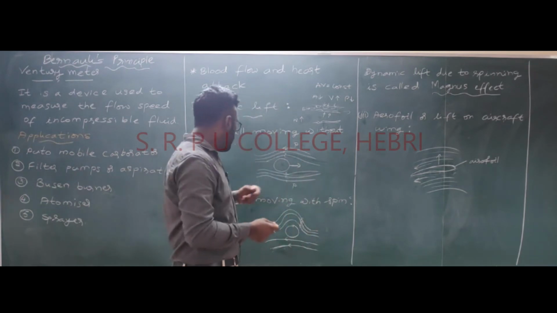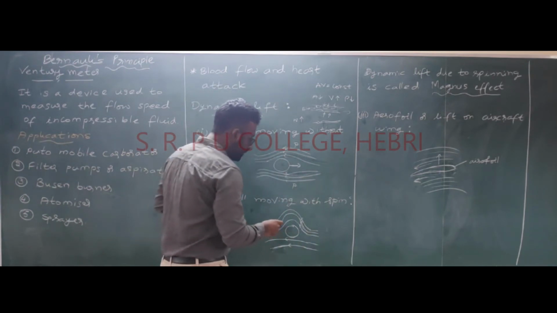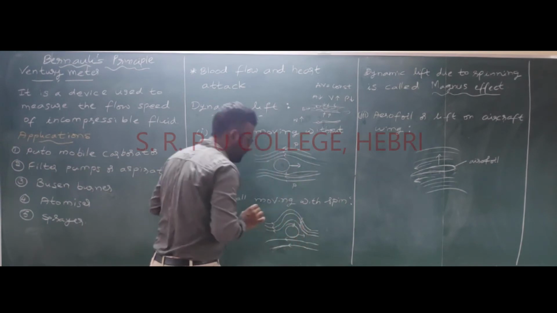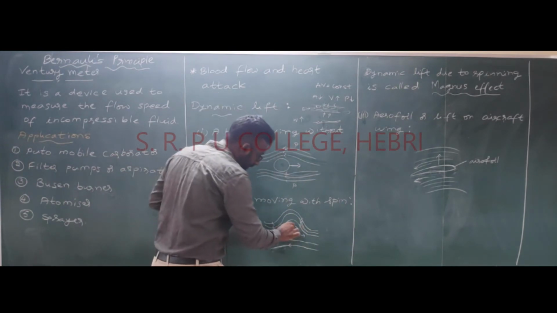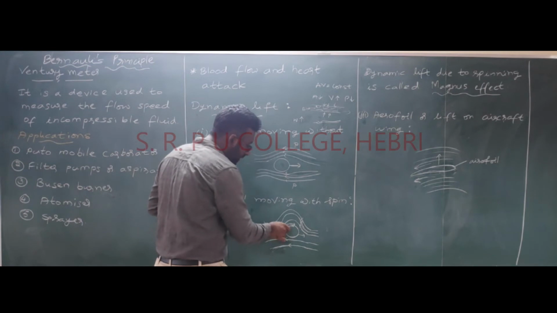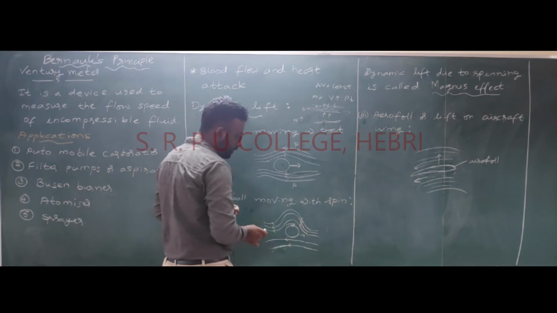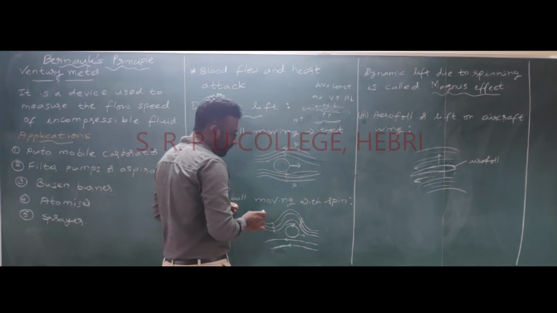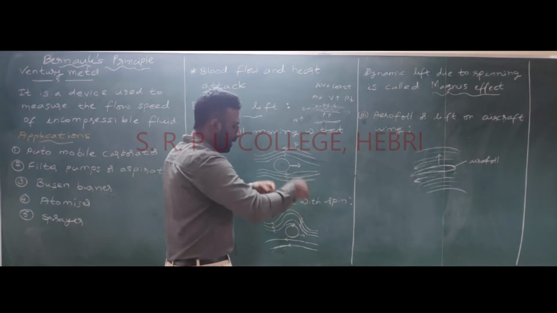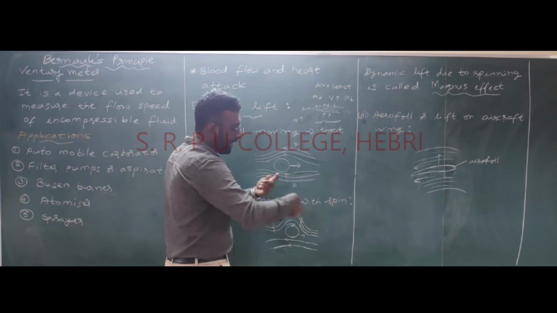Okay, so we will consider one such rotation. So the ball is moving forward with a spin like this. Now you see here, it spins like this. So when it spins like this, you can see here on the top of the ball, the air particles will be taken along with very high speed.